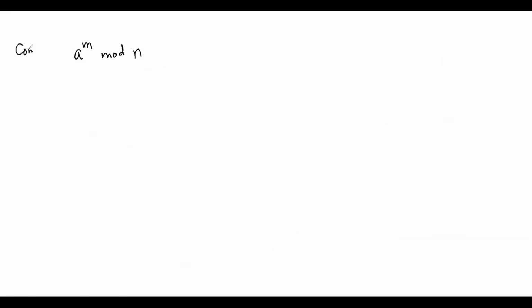If you use a naive algorithm, you first multiply a by itself m times. But of course, this could be a huge number, and it's time costly.